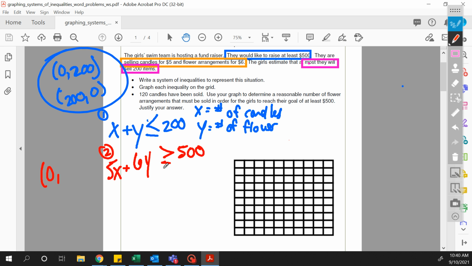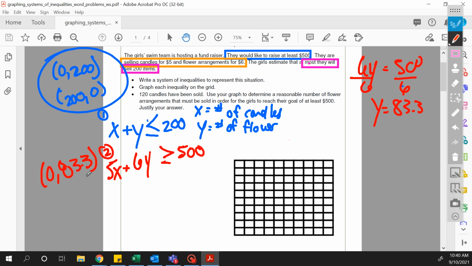I would have to divide both sides by 6 because I have 6y. So 500 divided by 6, which is 83.33, or 83 1/3. So y is equal to 83.3.